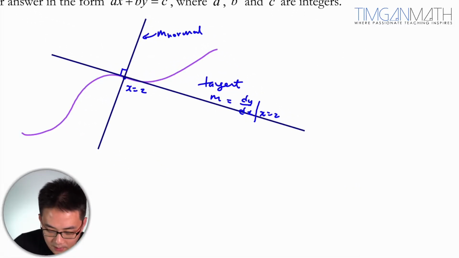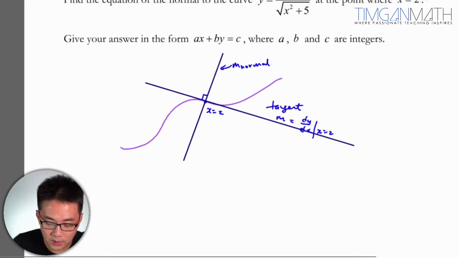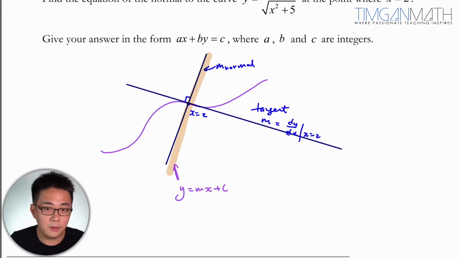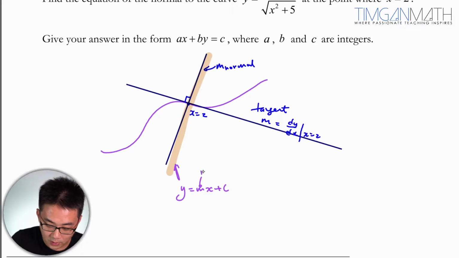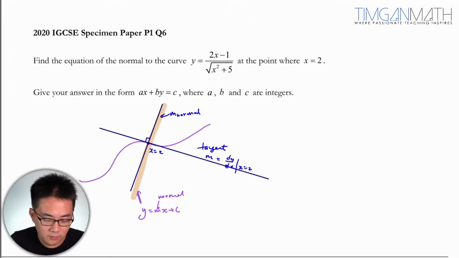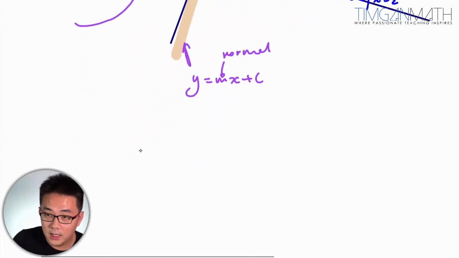In order for us to find the equation of the line, we need a point and a gradient. Because y equals mx plus c, we need a gradient, which in this case is m normal, and the point. Actually you could just find the point first, by substituting in.